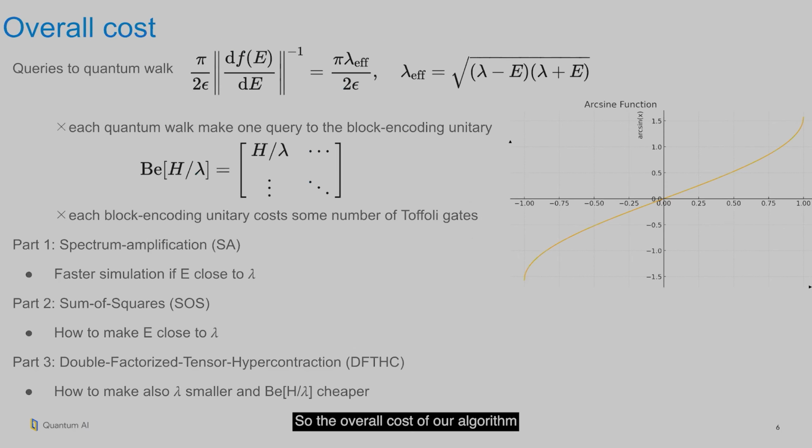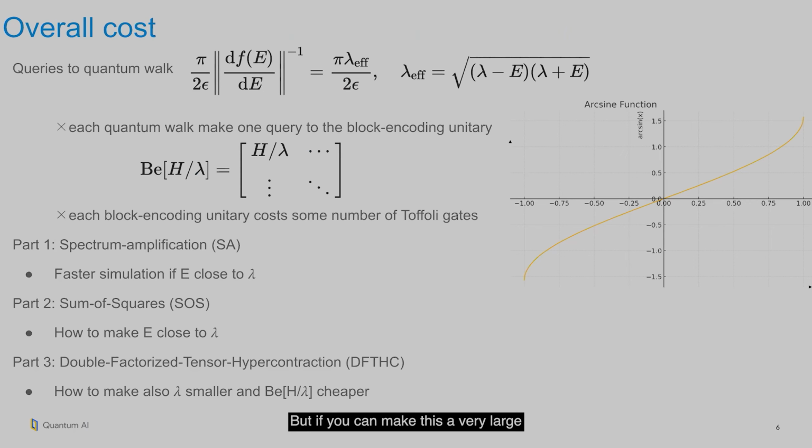So the overall cost of our algorithm, now throwing in some constant factors like this pi over 2, is going to be given by this expression up here. There's going to be pi over 2 times 1 over epsilon, then multiplied by a certain normalization parameter lambda. You can think of this as the inverse step size of your simulation. If you need a very small step size, you have to pay a large cost.